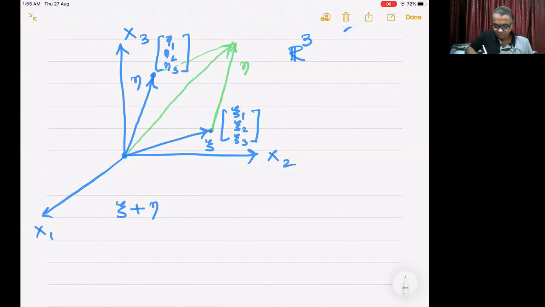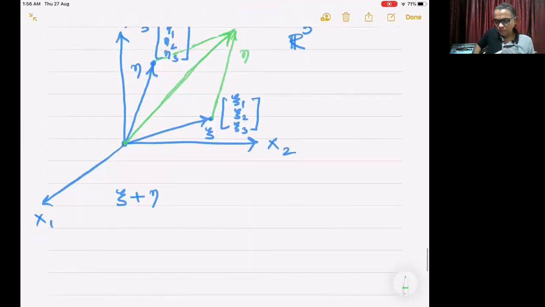This also allows us to say that the sum of these two vectors is obtained by the so-called parallelogram law. So complete the parallelogram, and one diagonal of that parallelogram happens to be the sum of these two vectors.